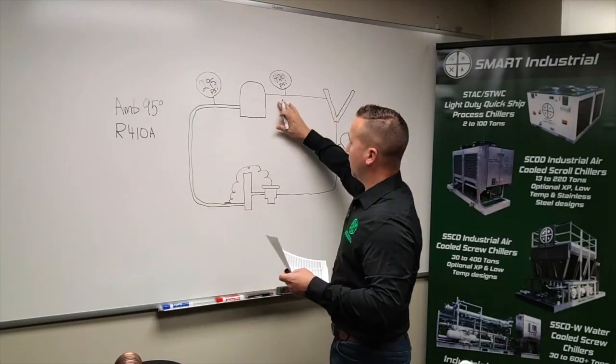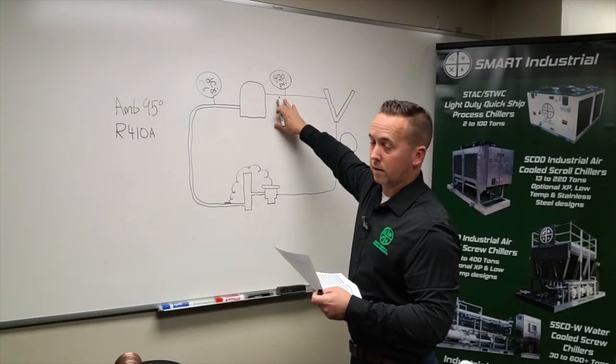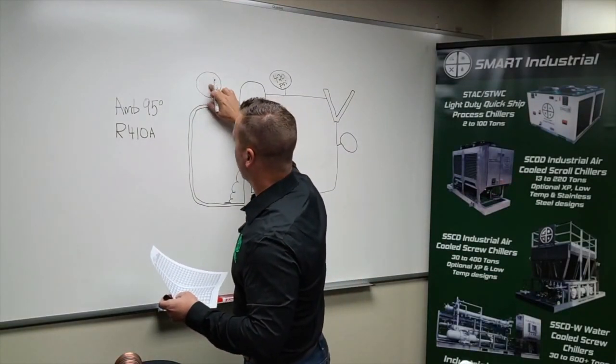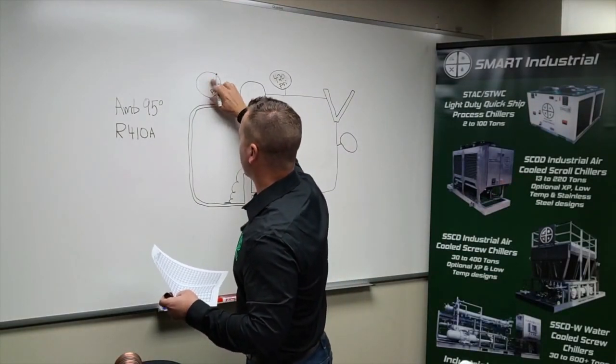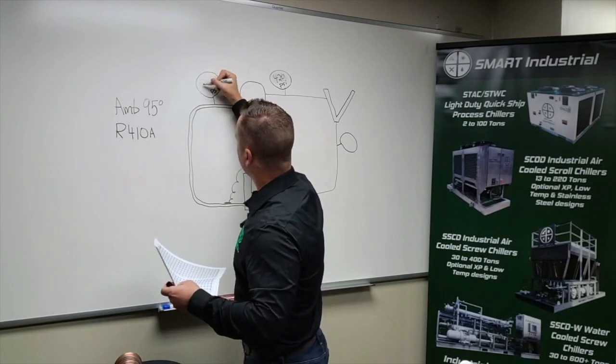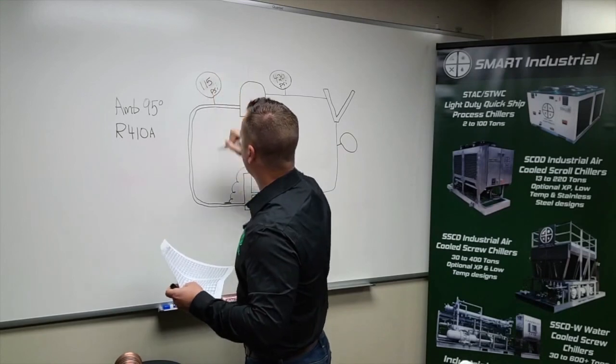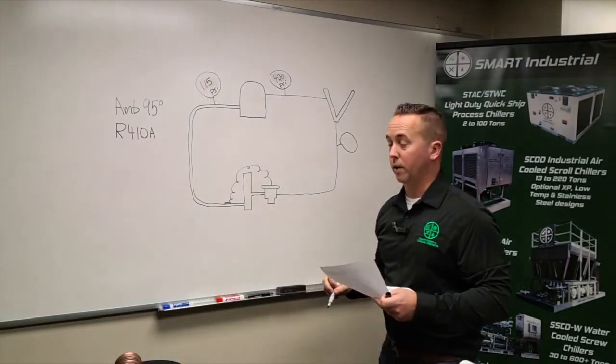But at the same time that we're increasing the pressure on this side, we're going to see a pressure decrease on the low side or suction side of the compressor. And this pressure will commonly be around 115 psi with a 95 degree ambient.